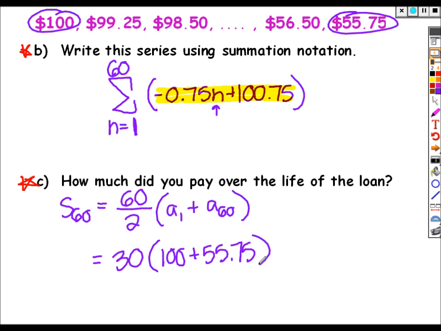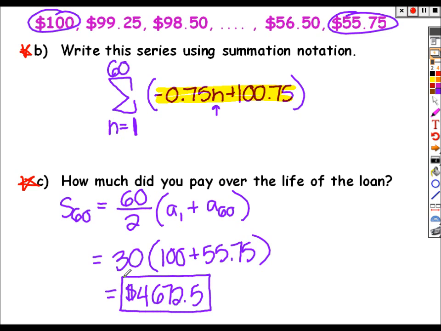So I'd have 30 pairs that would add to 155.75. Punch that into your calculator. And you should get the total sum you paid back. So there was about $672.50 of interest on your $4,000 loan.